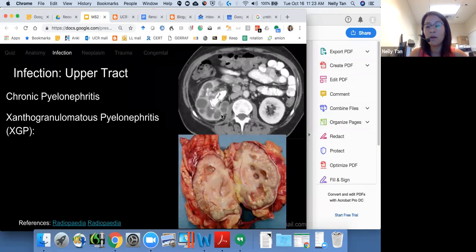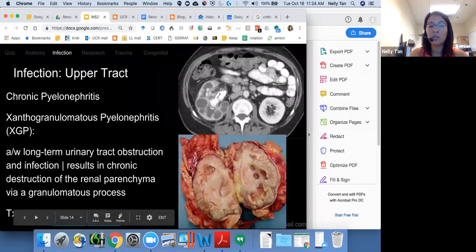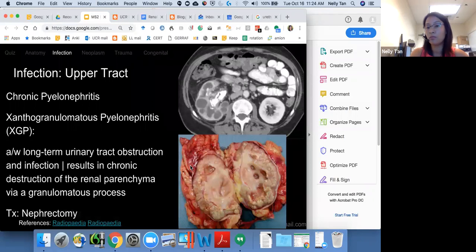So this form of chronic pyelonephritis due to renal stone burden is called xanthogranulomatous pyelonephritis, and it is due to chronic obstruction, and then what we get is this granulomatous process that forms, and patients with XGP do not respond to IV antibiotics and they need nephrectomy.